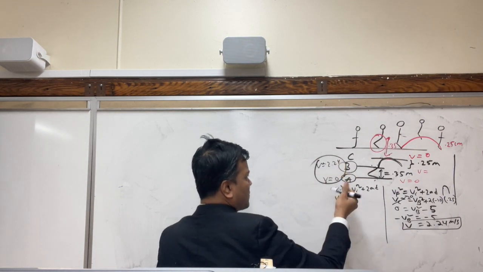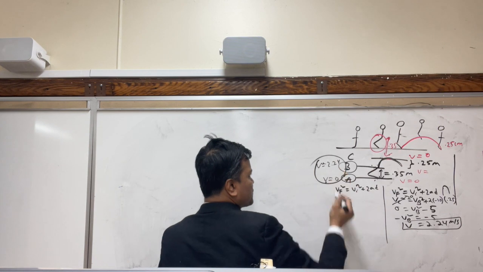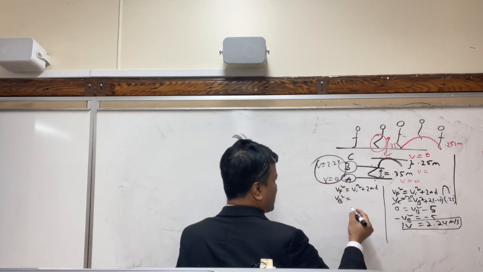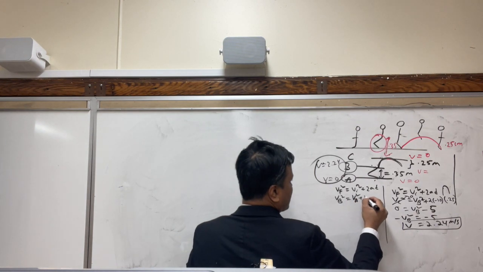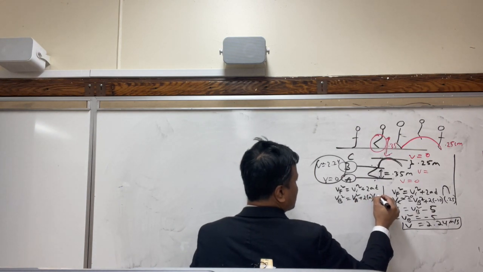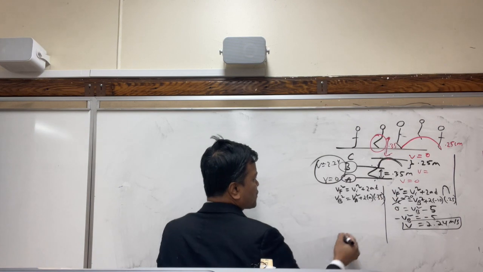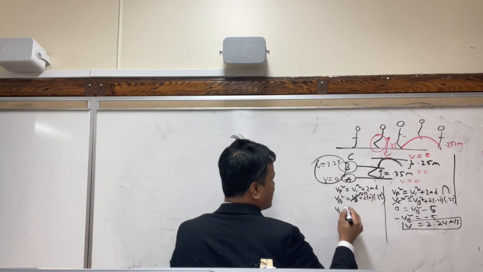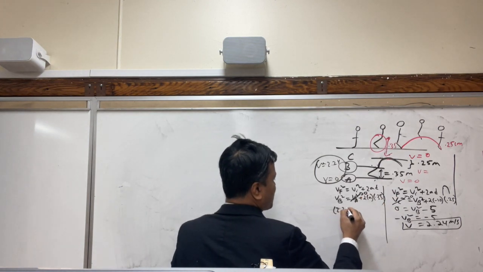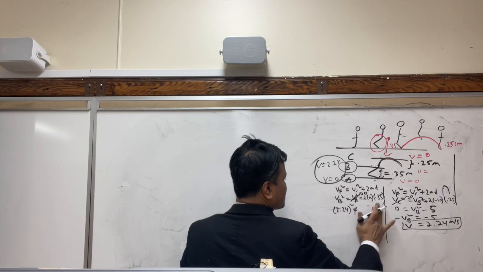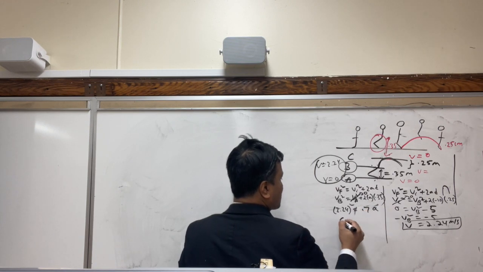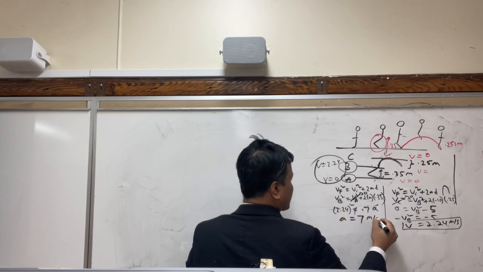Otherwise, how would the velocity jump from 0 to 2.24? So there must be acceleration, and that's what we're trying to find. The distance is 0.35, so 2.24 squared is 0 plus 2 times A times 0.35, okay, 0.7 A. So A must be 7 meters per second squared.